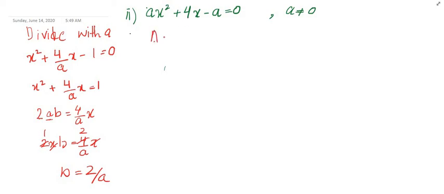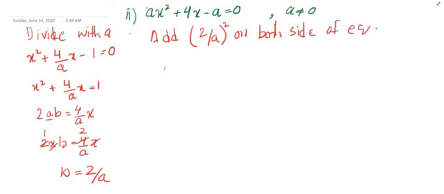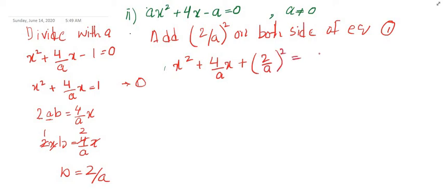Now add 2 by a square on both sides of the equation. This becomes x square plus 4 by a x plus 2 by a whole square equals to 1 plus 2 by a whole square.